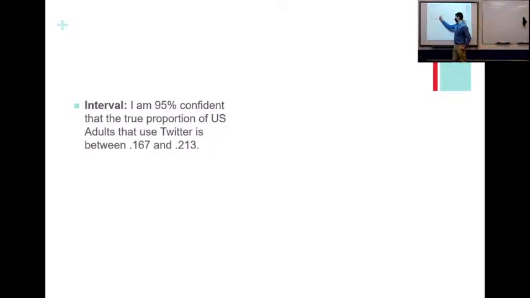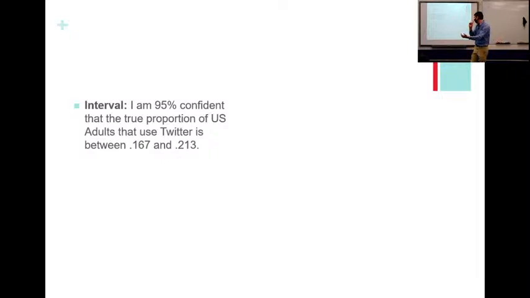The key parts: number one, it should have the phrase we are 95% confident or I'm 95% confident. You should be talking about the population parameter. You should not be talking about the sample. So it should talk about the parameter that we're measuring, the actual proportion of all U.S. adults that use Twitter. That's the parameter.